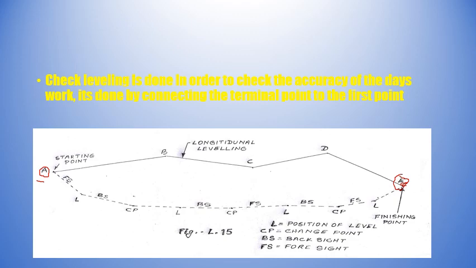So we do the reverse leveling from the terminal point back to the starting point, so that we confirm our survey of the day. Check leveling is just to check the accuracy of the work that has been done for the day. How is it done? We do differential leveling backwards from the terminal point to the starting point of the work.